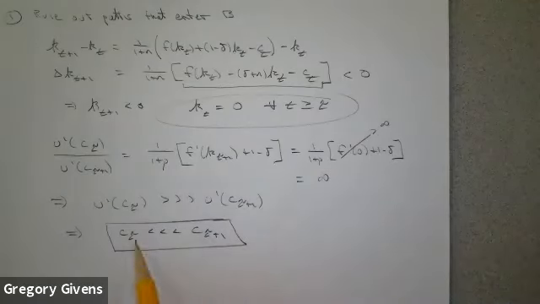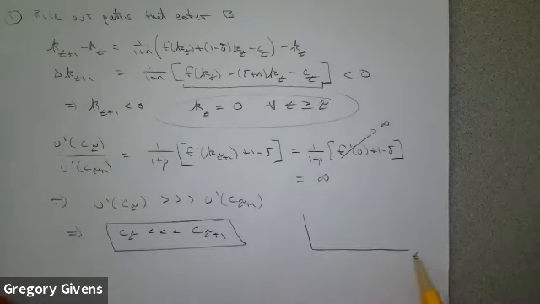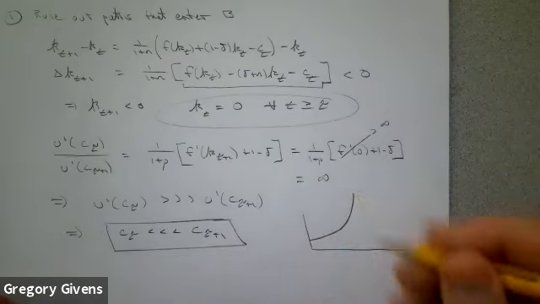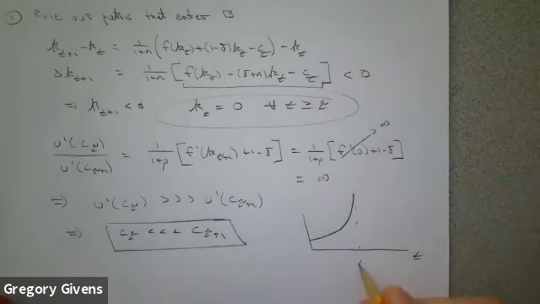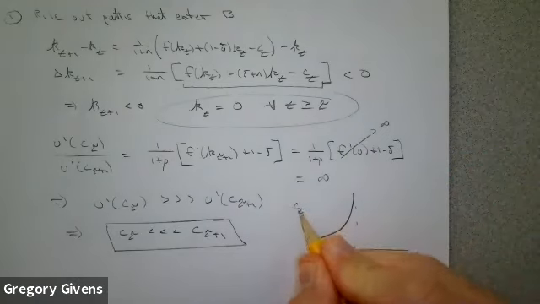Consumption tomorrow is way bigger than what it was today. Right, so if I were to draw the path of what consumption looks like here with respect to time, let's say, then it would look like this, right? Where this is period tau, the point at which the capital stock goes to zero.